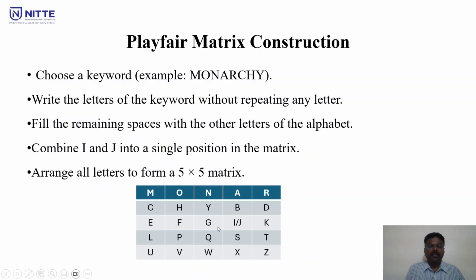That is B, D, E, F, G, and as we mentioned, I and J are considered one single letter. Then K, L, P, Q, S, T, U, V, W, X, Z. So this is how, whatever keyword we choose to perform the encryption, we construct a 5 cross 5 matrix.